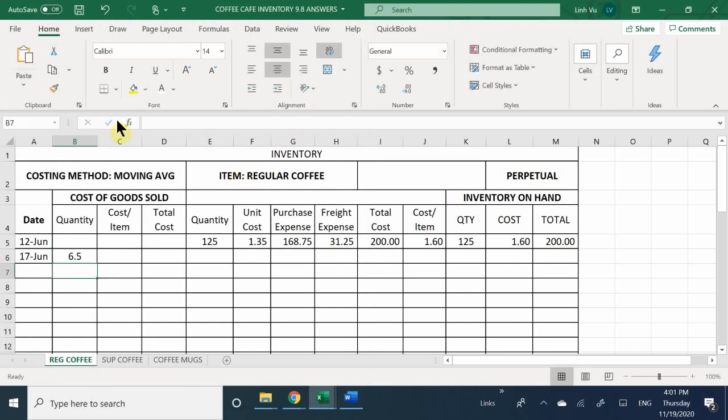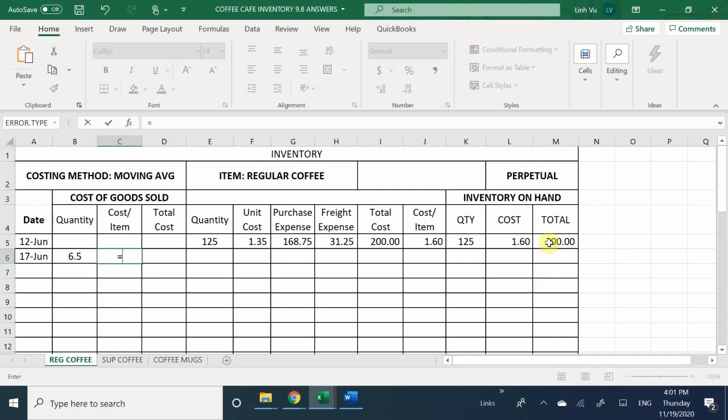Good. So 6.5. And we're going to look at our cost of what we have on hand. It cost us $1.60 a pound. Good. So we're going to put that in for the cost of item.